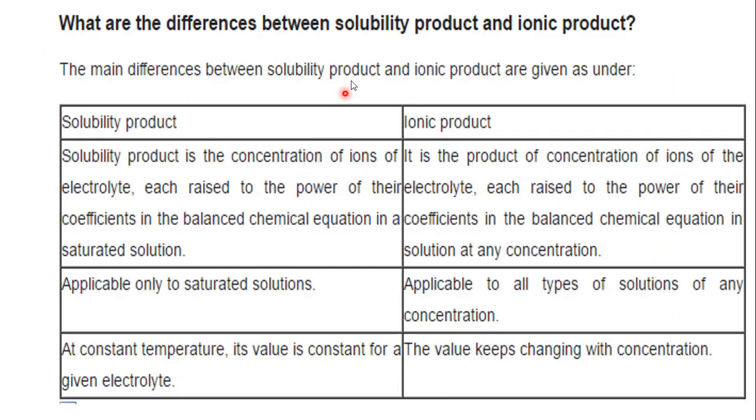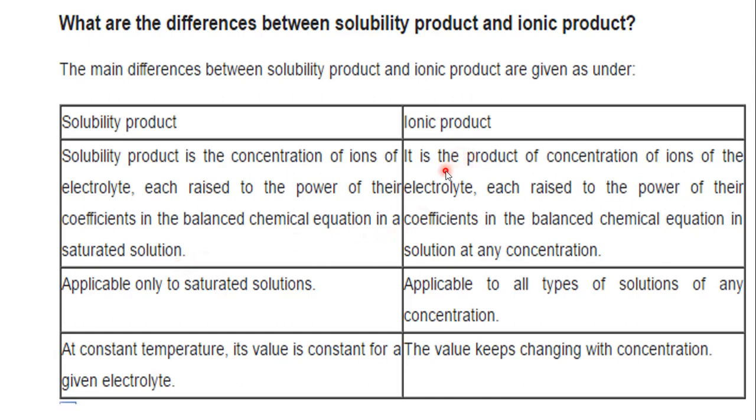So what is the difference between solubility product and ionic product? Solubility product is the product of concentration of ions of the electrolyte, each raised to the power of their coefficients in the balanced chemical equation, in saturated solution.